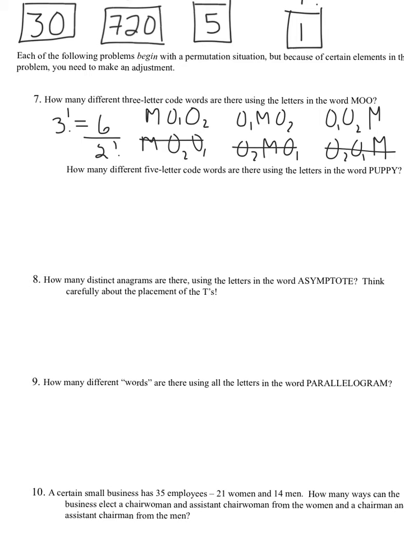Oh, and here we have a puppy again. Well, 5-letter code words. I would like to say it's 5 factorial, but I have 3 P's. So I'm going to divide by 3 factorial, because there are 3 factorial ways I can arrange P sub 1 and P sub 2 and P sub 3. The other way we can think of this is that if you have 5 slots to fill, really, you could approach this by saying, where am I going to put the U and the Y?